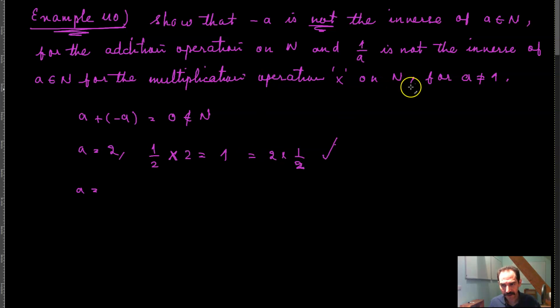Okay, so the second part I don't understand, or at least I don't understand how to solve it, which implies that I don't understand the question. So the question is 1 divided by a is not the inverse of a belonging to n for the multiplication operation on n, for a not equal to 1.